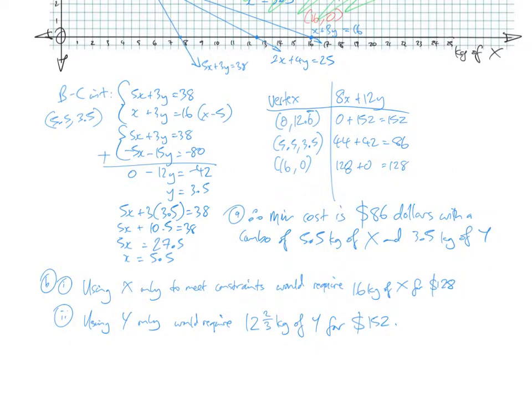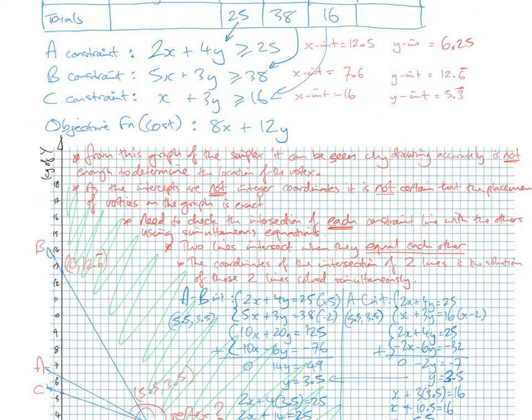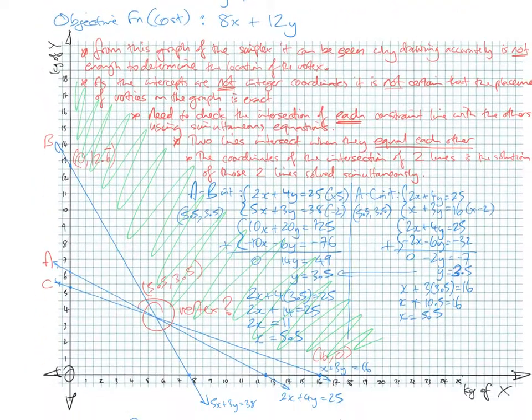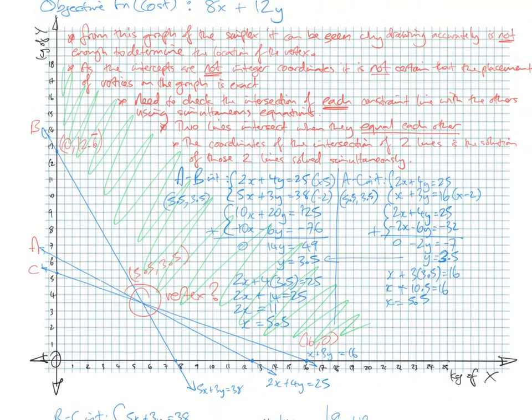Alright, so hopefully that video shows you how we deal with non-integer vertices for continuous measurements. It is alright to have 5.5 kilograms of something and 3.5 kilograms of another thing. That is why we have to do it this way.